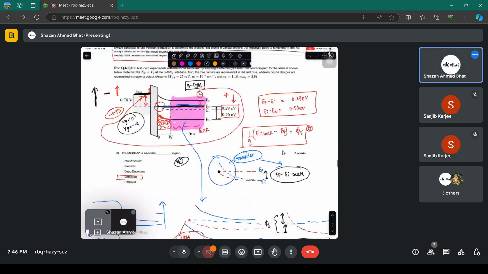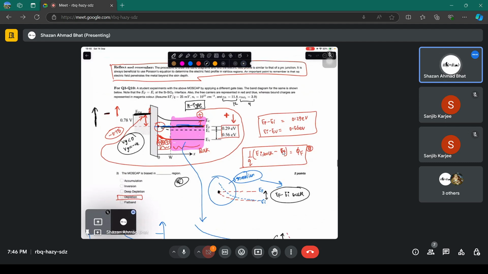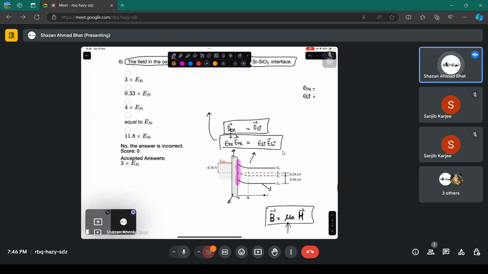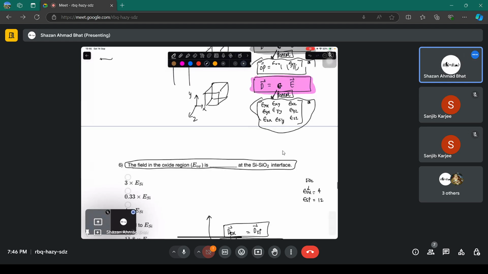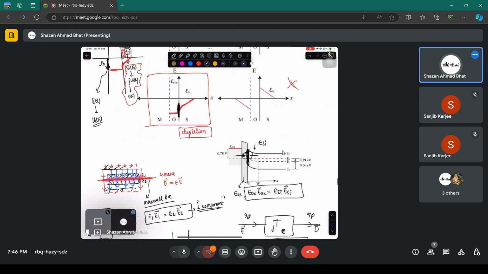Let me just check. Epsilon silicon is 12, let's take it 12. Epsilon silicon dioxide is 4, let's take it 4. Let me just cross check. Yes, it is 4 and 12.